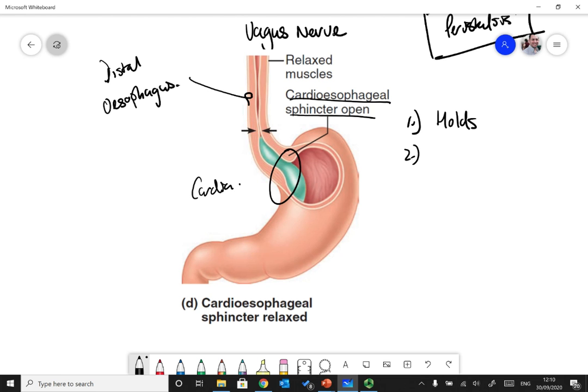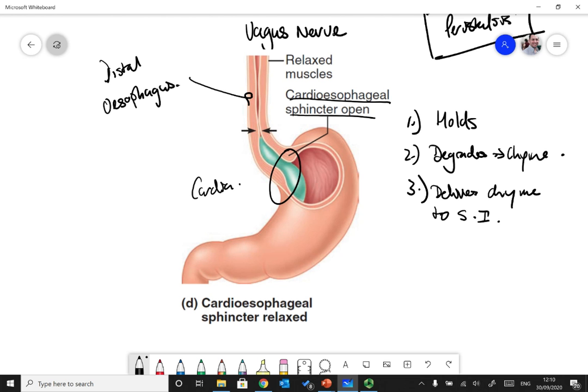So, holds, degrades, it then passes it on, so it turns it into chyme. So it goes from being a bolus into being chyme, and then it delivers that chyme to the small intestine. I'm just going to put SI because I'm too lazy.